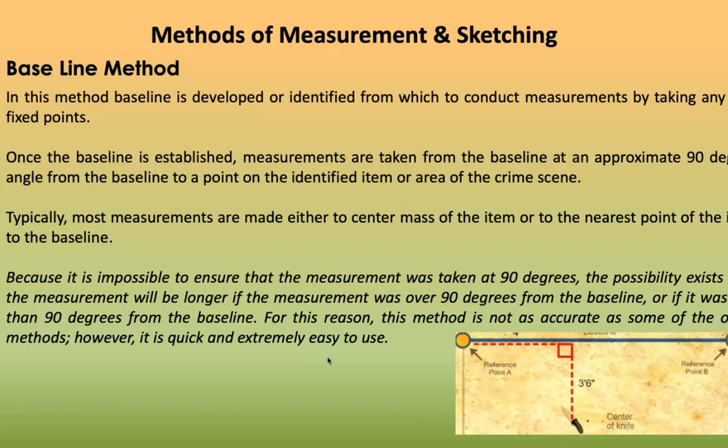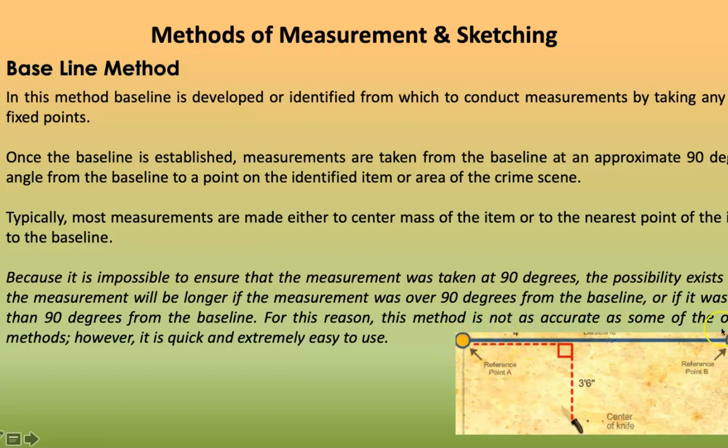What happens in the baseline method, we take a baseline from two fixed points. Now these can be any two corners of the wall, or there can be any line on the floor which is already there, okay, or it can be an imaginary line, or a line drawn with the help of chalk or anything.